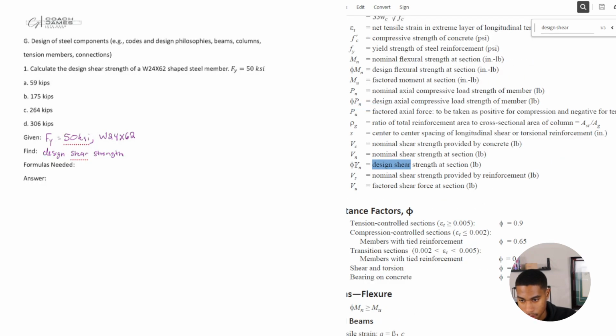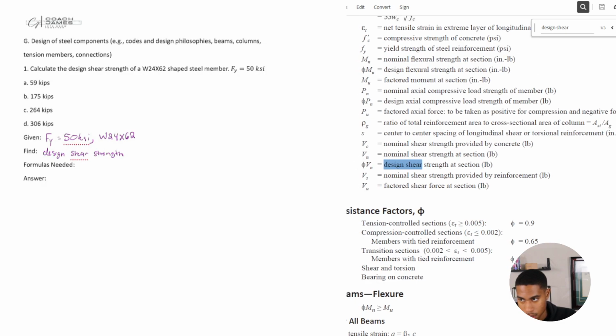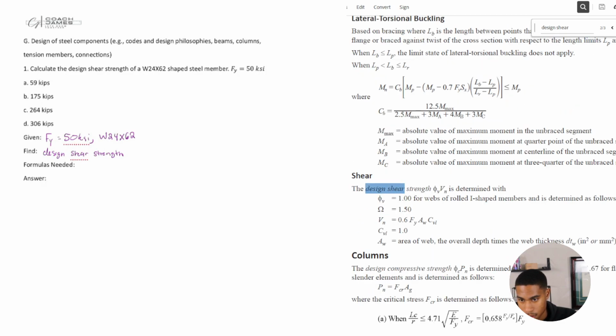The design shear strength phi sub Vn is determined with phi sub V, which is 1, and then V sub n is equal to 0.6 times Fy times Aw times Cv1.